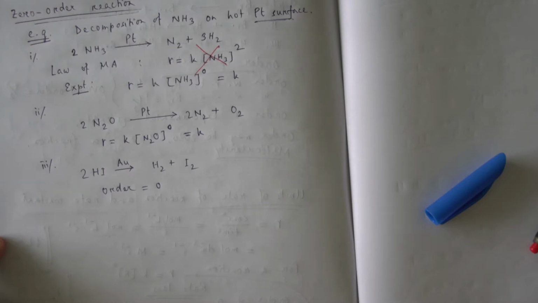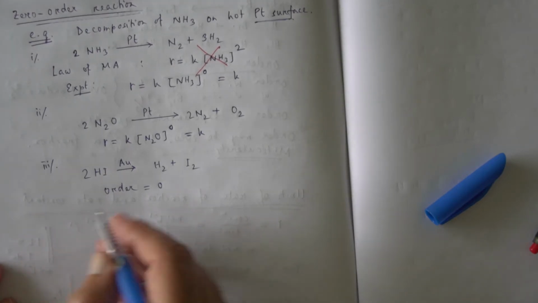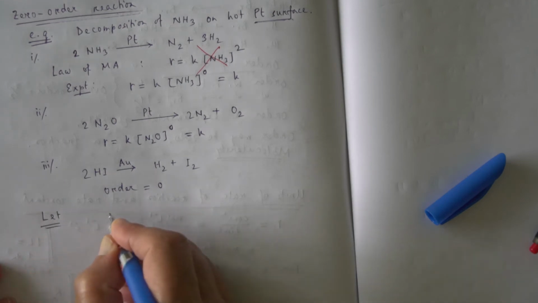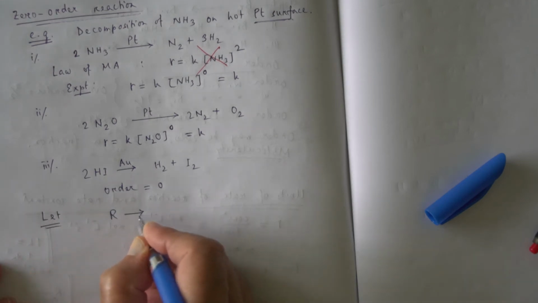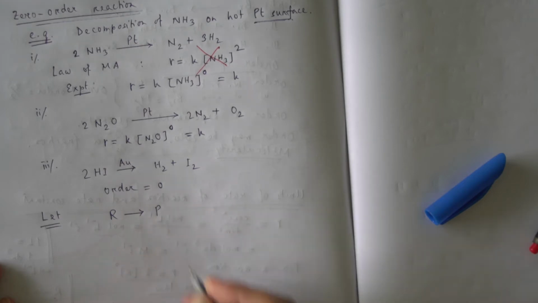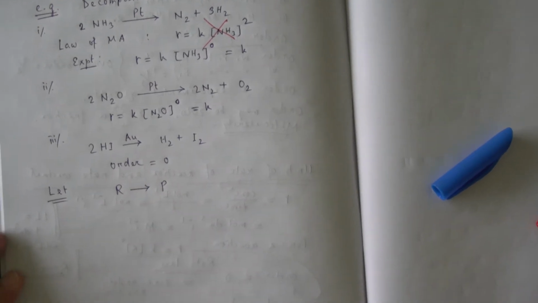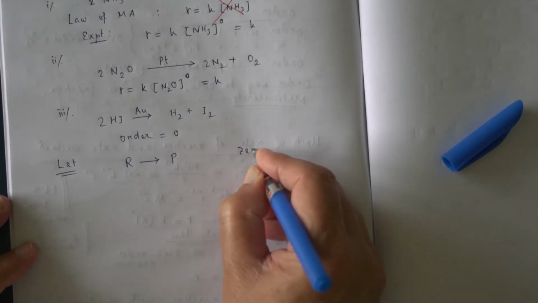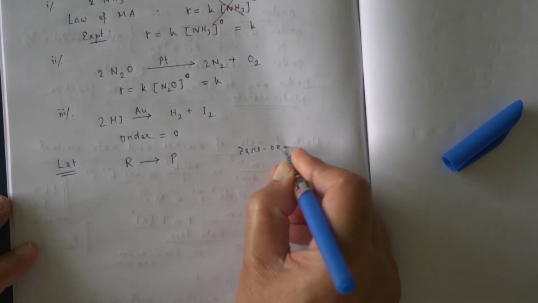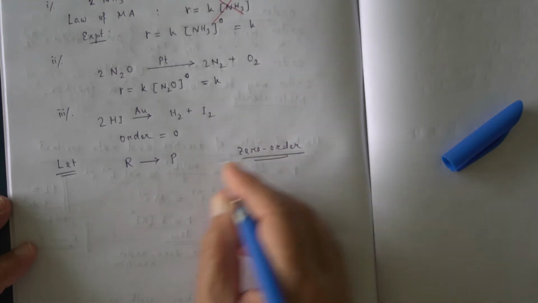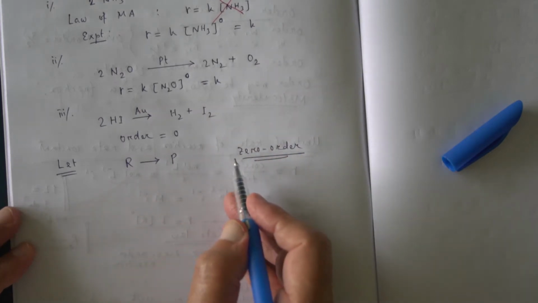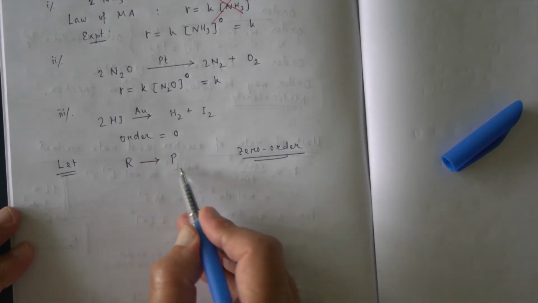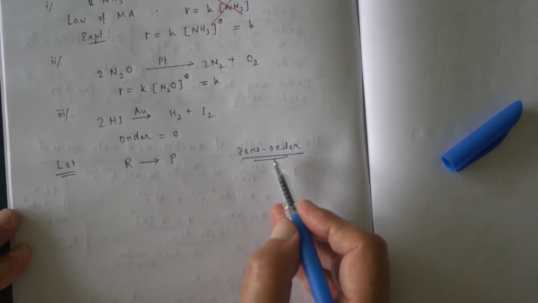Now let us consider that this reaction is of zero order. আমি ধৰি লৈছোঁ এই ৰিয়েকশ্যনটো জিৰ' অৰ্ডাৰ ৰিয়েকশ্যন.